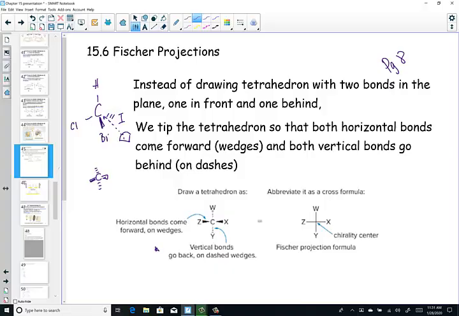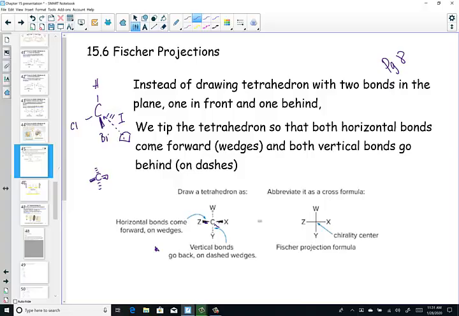This is the beginning of the perspective of a Fischer projection, tipping that chiral carbon with its tetrahedron shape so that both horizontal bonds come forward and both vertical bonds go behind. The chiral carbon now has two wedges and two dashes.